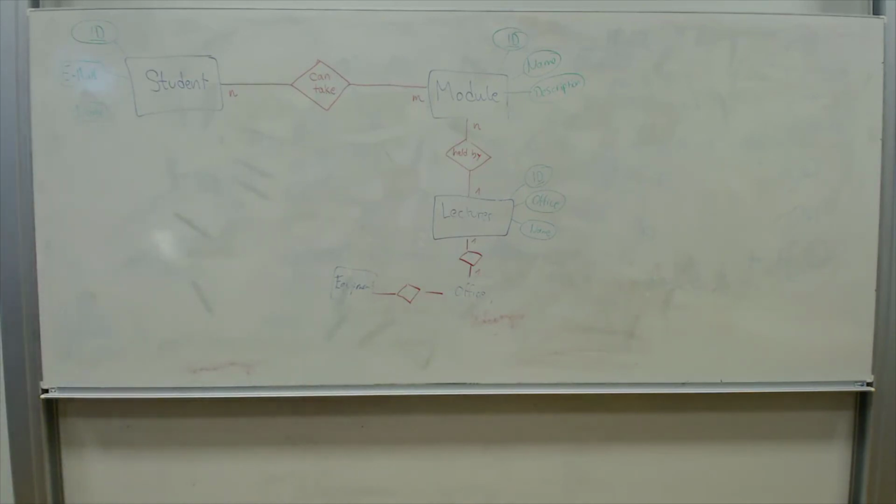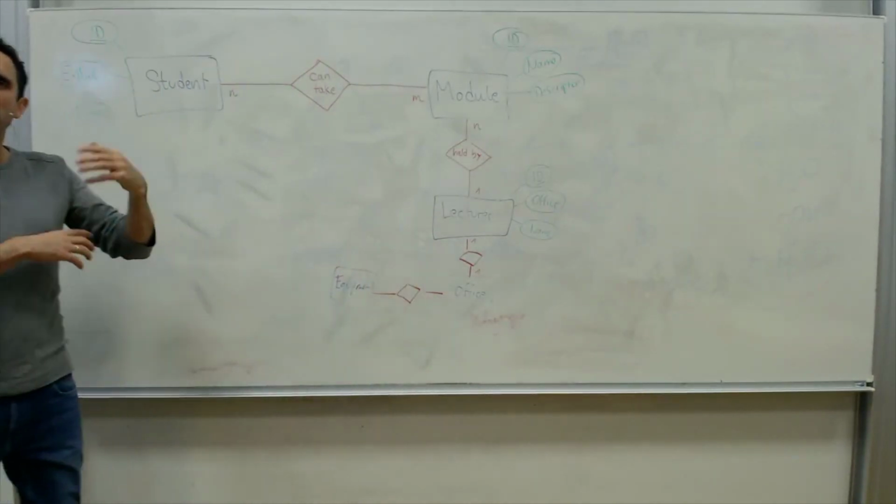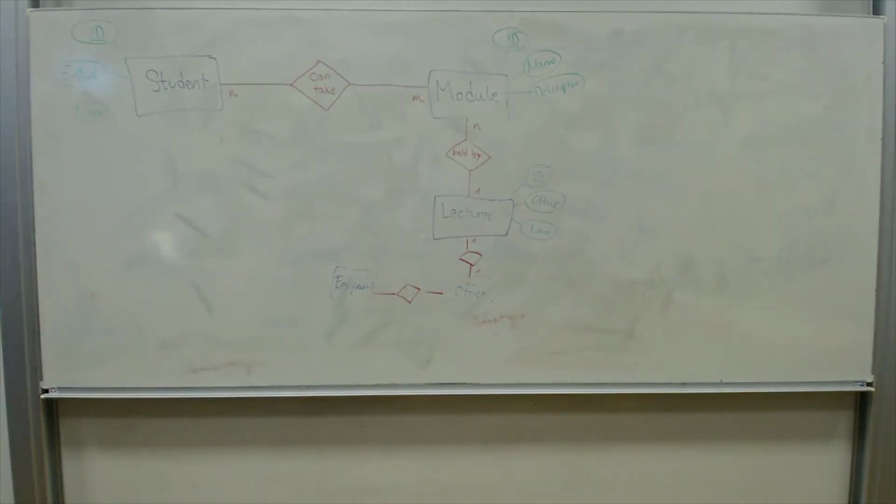If it's just to know where the lecturer is, and you just want to know that one detail, which is the office number, then there's no need to model it as a separate object. But if you have a requirement and have something more to model here, and maybe even a relationship with another object, then you need to model it as a separate entity type. So as you can see, there's often no right or wrong answer.